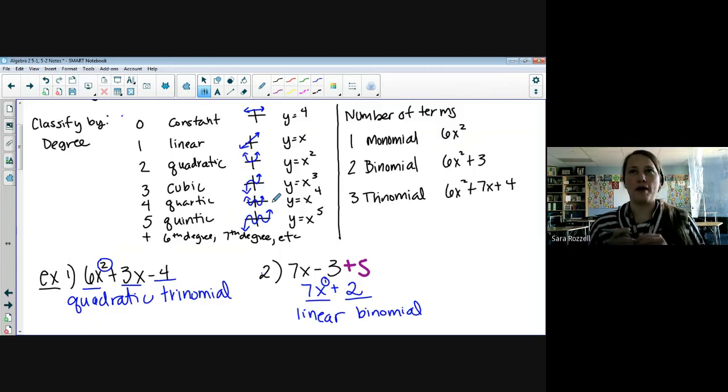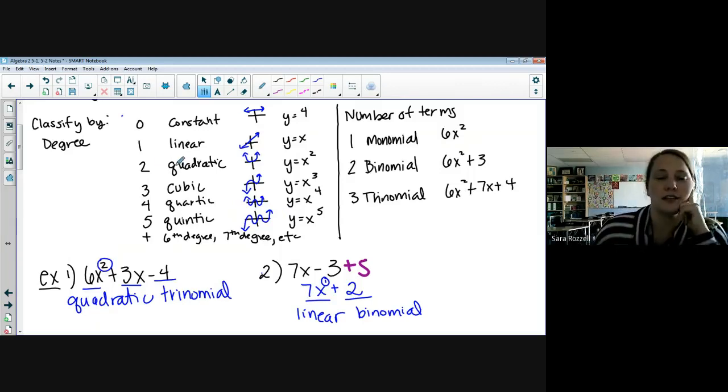And based on that pattern, what do you think a 6th degree polynomial would be? What do you think the arrows would be for a 6th degree polynomial? Y'all can do them with your hands. So we went down, up, down, up, down, up. So the next one would be, both of them would be going up, right?